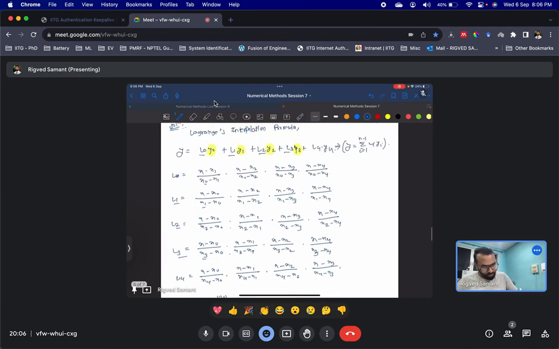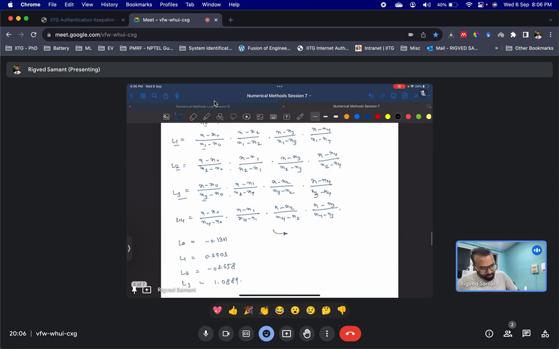And L_i of x is equal to the product of j going from 0 to n minus 1 of x minus xj divided by xi minus xj, where j is not equal to i, and i is also going from 0 to n minus 1. So this is the way you can find it out.